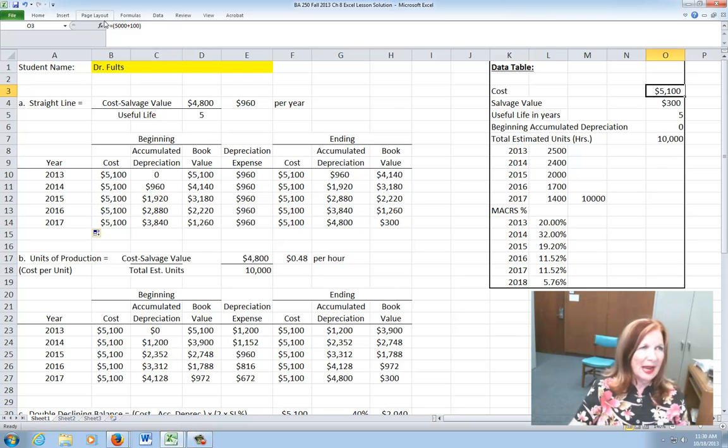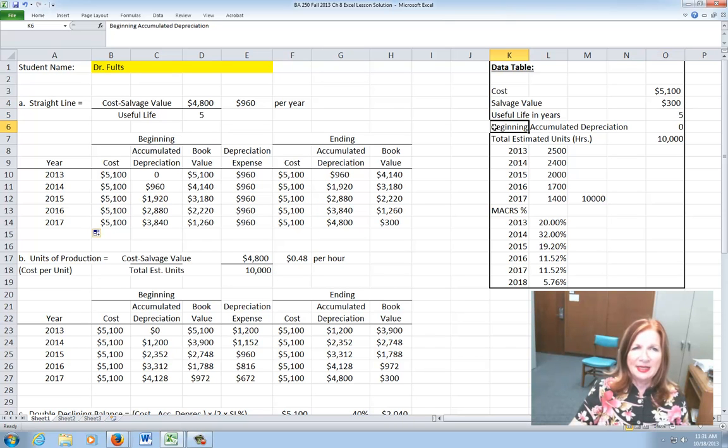So you can perhaps see up here it's equal to 5,000 plus 100, and enter, and you get the 5,100. The salvage value, you type that in, and in the O column you put in 300. The useful life in years, and you put in 5.